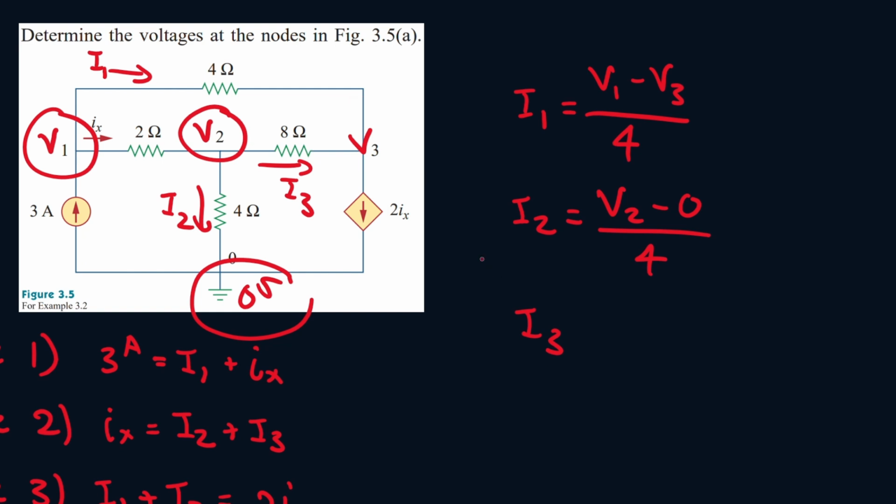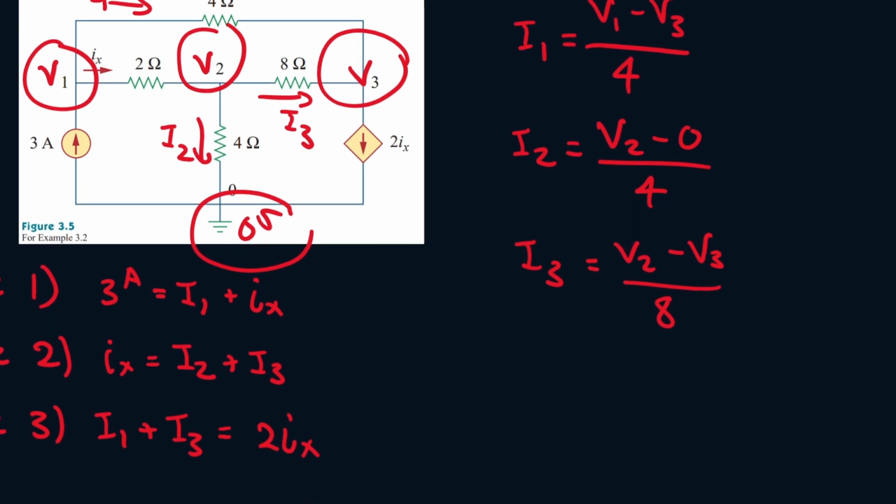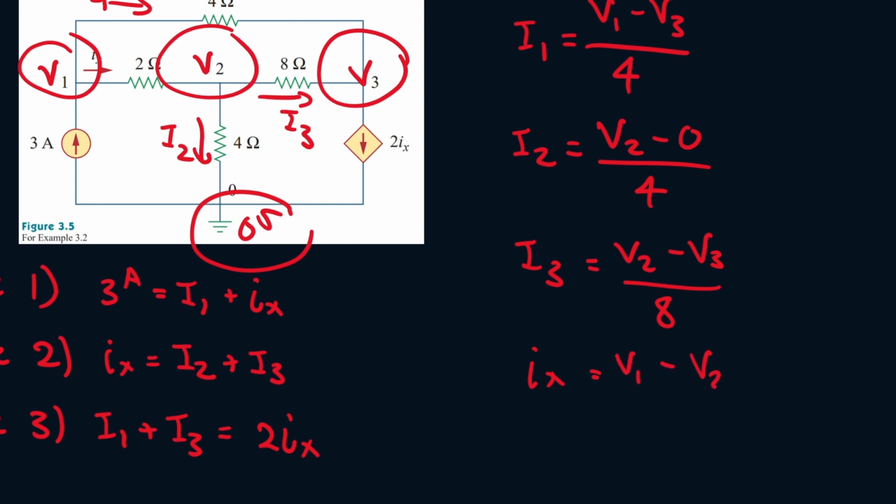I3 goes from a high potential to a low potential. So it'll be equal to V2 minus V3 all over 8. And then for IX, we see it goes from a high potential to a low potential over here. So it'll be V1 minus V2 all over 2.